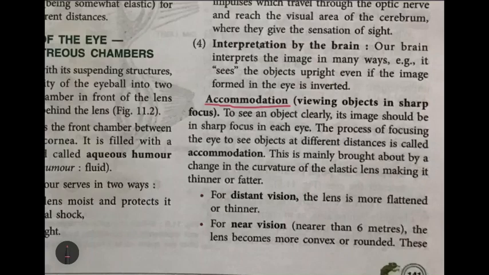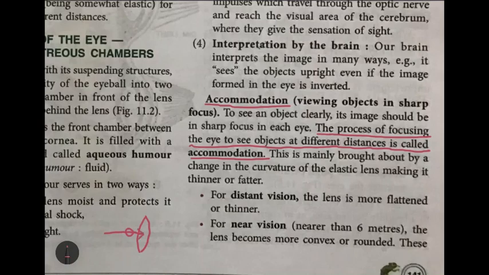So the definition of accommodation is: the process of focusing the eye to see objects at different distances is called accommodation. This is brought about by a change in the curvature of the elastic lens. If you remember, the lens is hanging in your eye just behind the pupil. Pupil is the hole through which light enters.